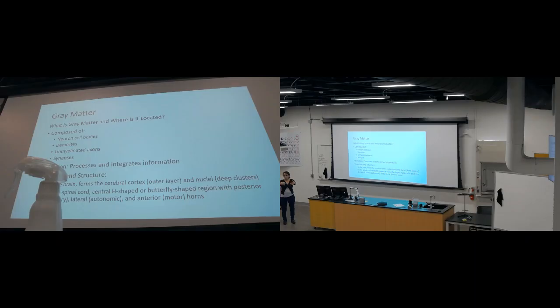And then the ventral part of this gray matter is the one that is specialized to convey motor information. So these are the ventral horns or anterior horns that have neurons that control motor output.